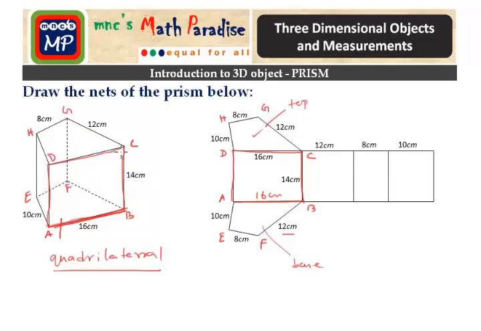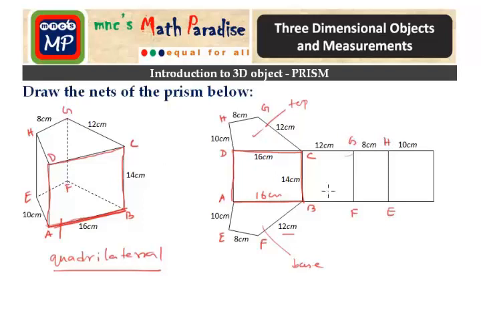So with BC, if we draw BCGF, then this height is 14, and CG and BF are 12 centimeter. Similarly, starting from GF, GFEH.